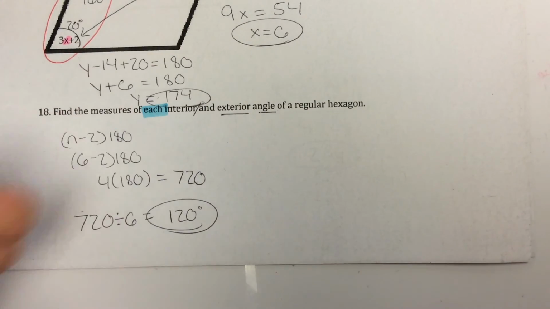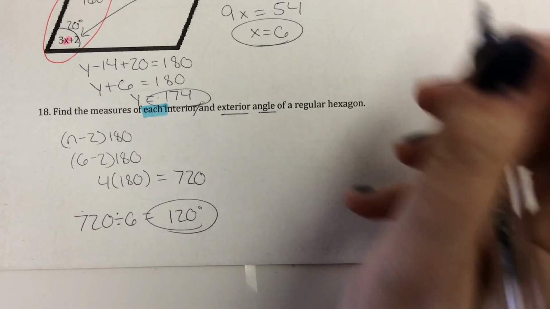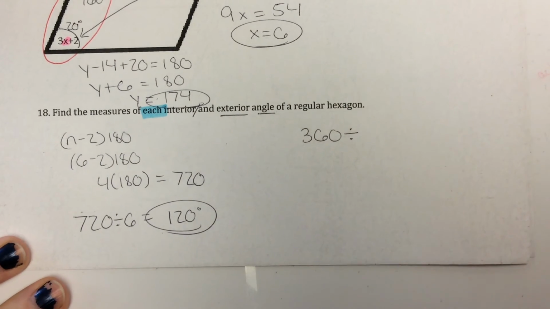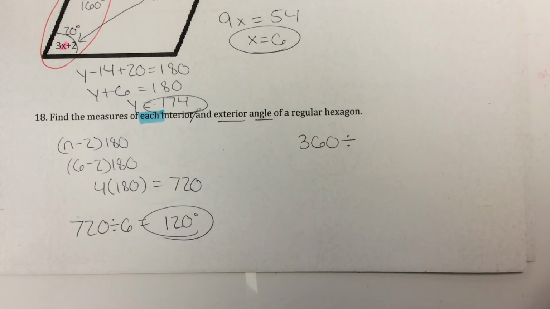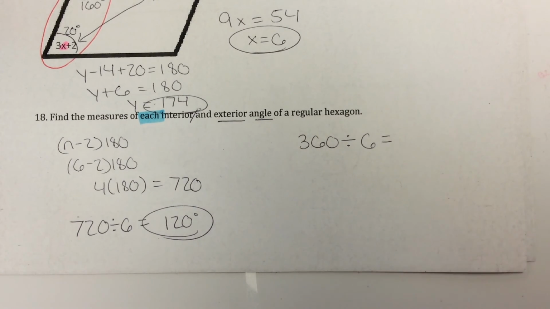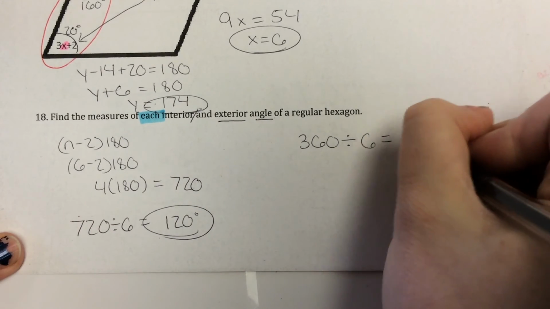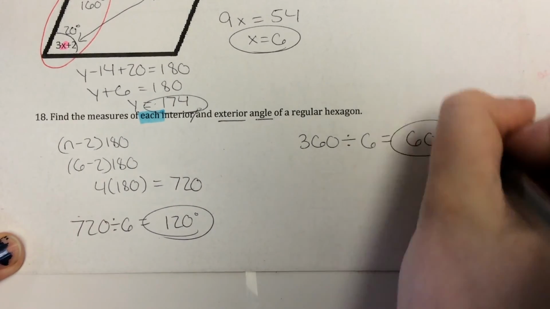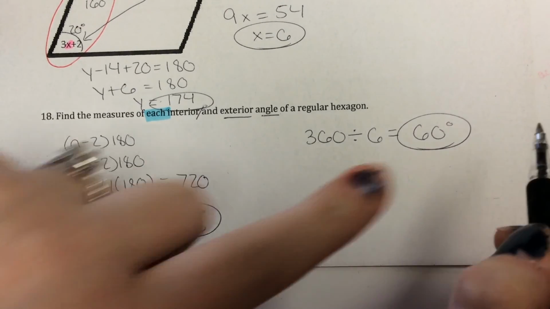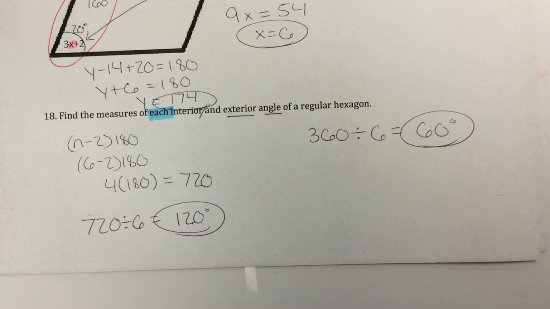So if all of the exterior angles added up together is 360, you need to take 360 and divide it by how many angles there are, and that'll tell you what each one is, okay? In a hexagon, there are 6 angles and 6 sides. So 360 divided by 6 is going to give you 60, okay? So in this problem, each interior angle is 120 and each exterior angle is 60, okay?